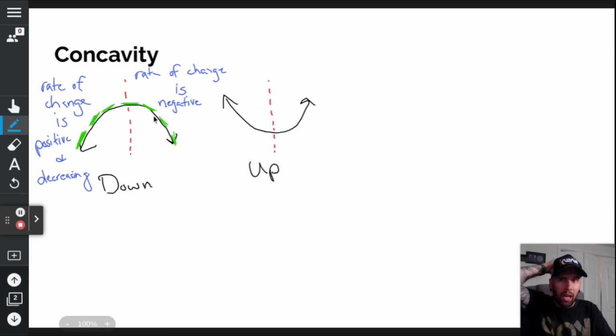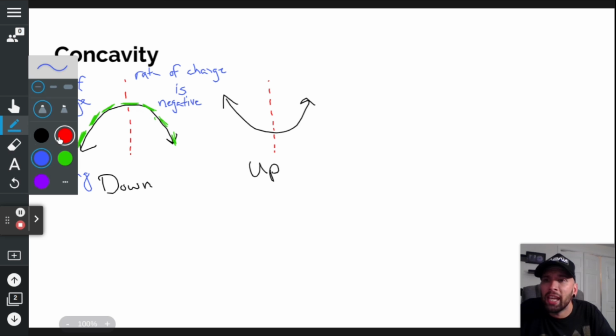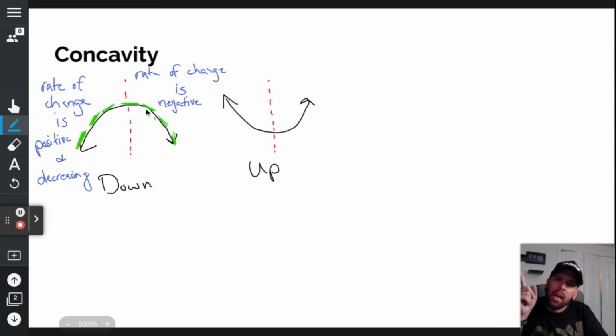On the right side of concave down, my rate of change is negative, but what I also see is that my 0 becomes like a negative 1, and then becomes like a negative 2, and then becomes a negative 3. So on the right side of concave down, my rate of change is negative, but it's also decreasing still.